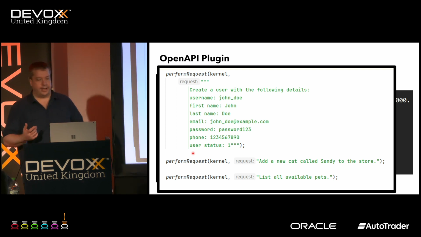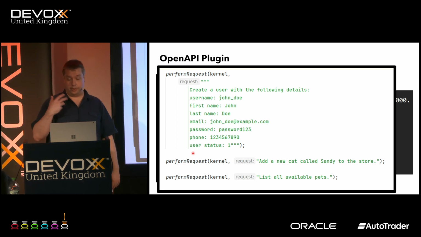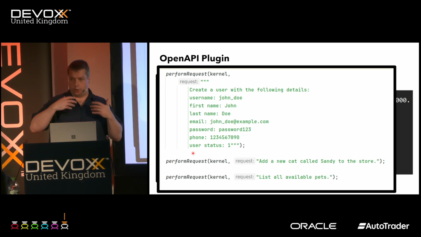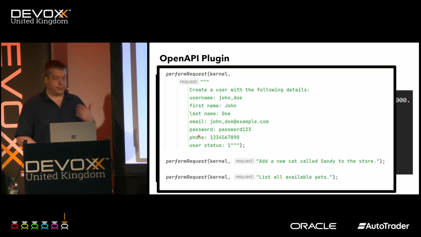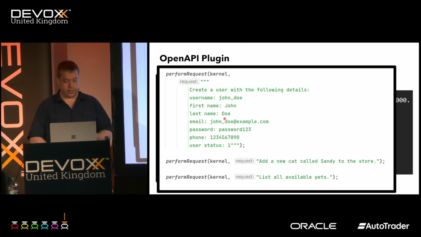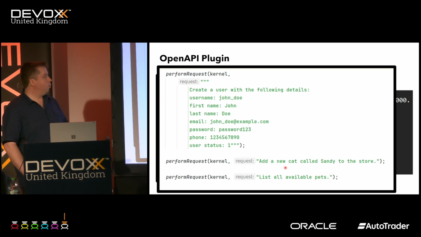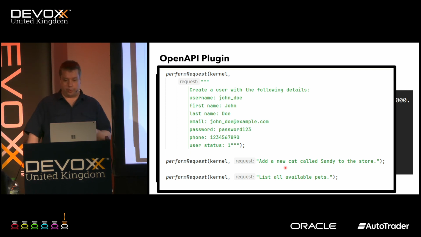Now we can use natural language again to invoke the various endpoints. I can say, create me a user, and it will figure out how to form this into a valid request to the create user endpoint. I can say, create me a new cat, or list all available pets, and it will figure out what methods on the RESTful API need to be invoked.